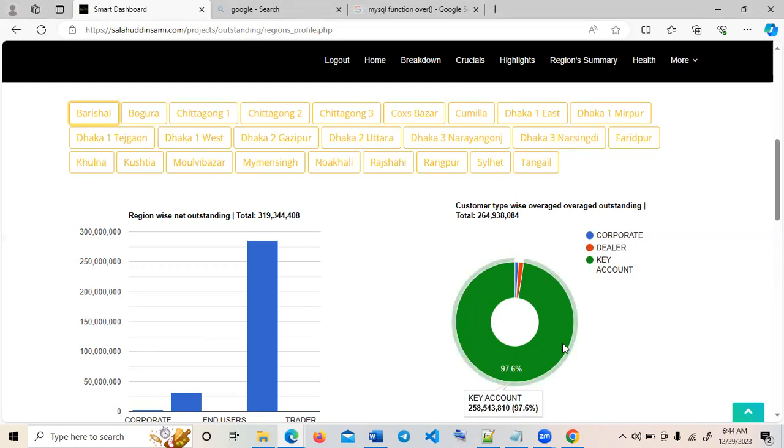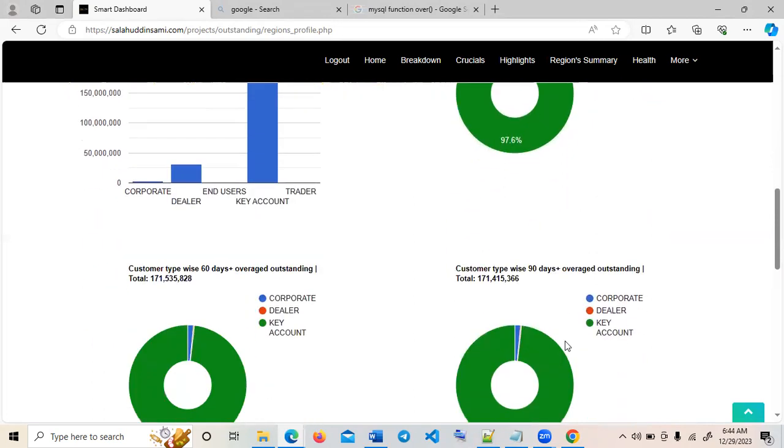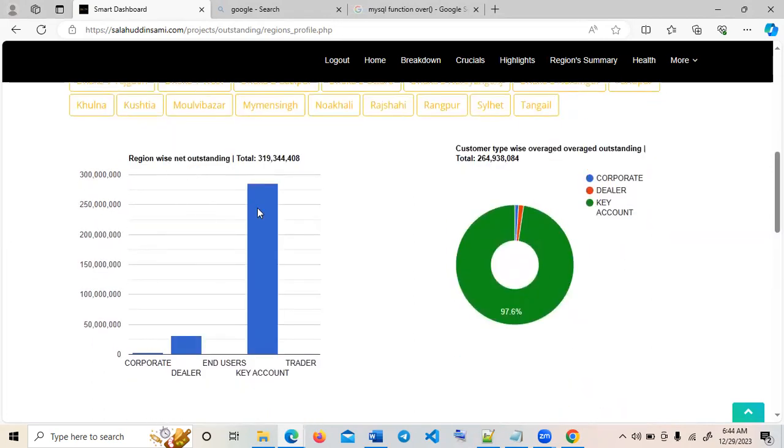Also we can see the net outstanding. This is the total amount that the company is owed by various types of customers. This is overaged outstanding: those trade receivables for which the allowed time has expired, but the customer didn't make the payment.